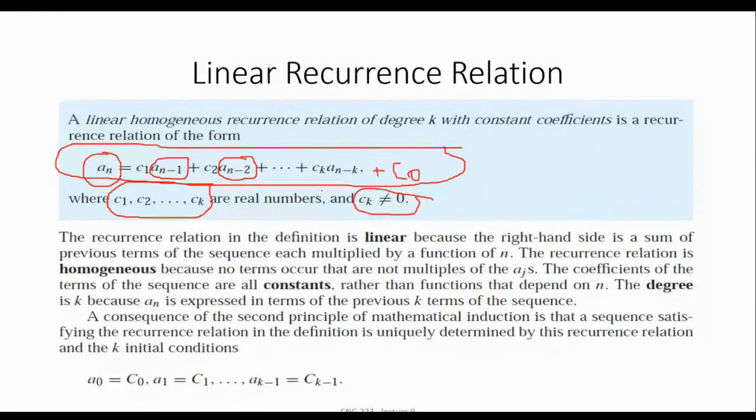It says that it's not possible for one of these multipliers to be 0. So that's how we define exactly this type of recurrence relation. If it doesn't have these conditions, then we have a different kind of recursive relation.